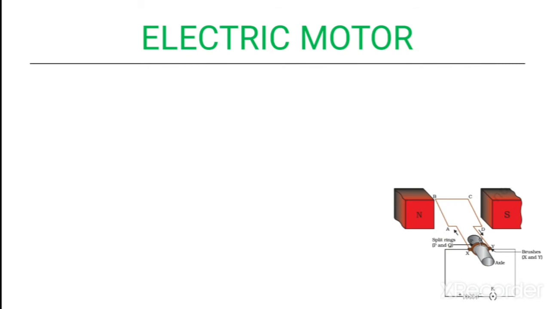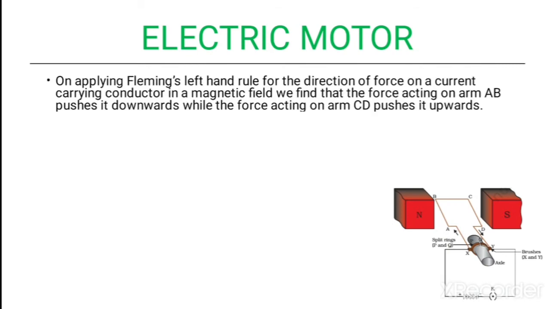Now we have to apply Fleming's left hand rule for the direction of the force on the current carrying conductor. Since the current direction and magnetic field direction are perpendicular to each other, the force will be mutually perpendicular to both the magnetic field as well as the electric current.